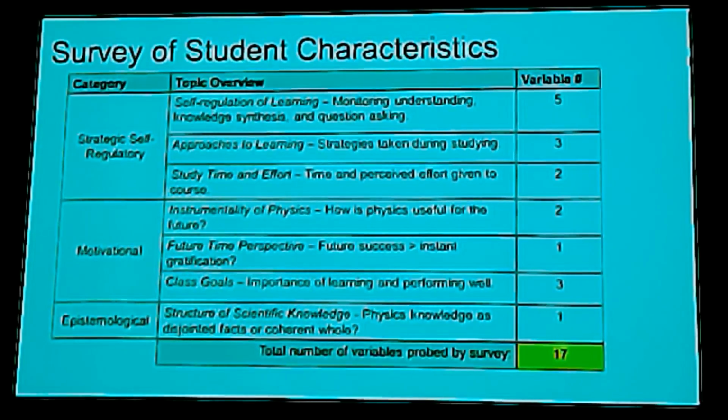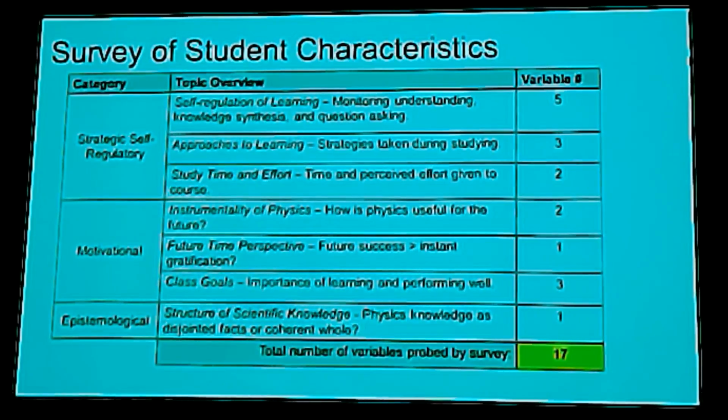Right, so we're looking at how they're regulating their learning, how they're approaching their class, and the effort they're putting in, particularly by effort we meant relative to other students. So we asked them, how much effort are you putting in relative to your classmates, right? So making them judge themselves based on their classmates. Then we asked them how important physics seems to be for their class. We also tried to rate how they weighed their future importance versus instant gratification, right?